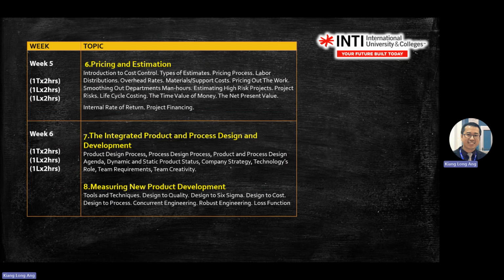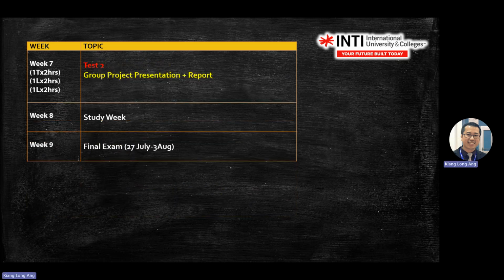Then we look at pricing, you do some costing. Then week 6 is more on new product design, where we learn about the design process. And the last week will be your group presentation and your report. Okay.